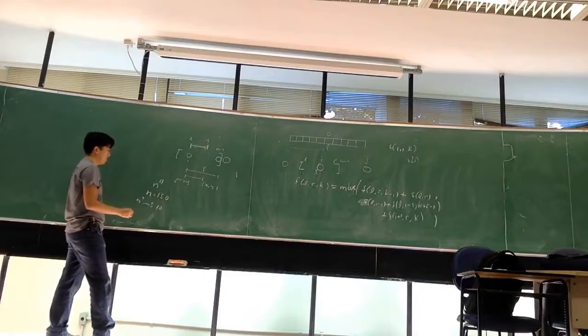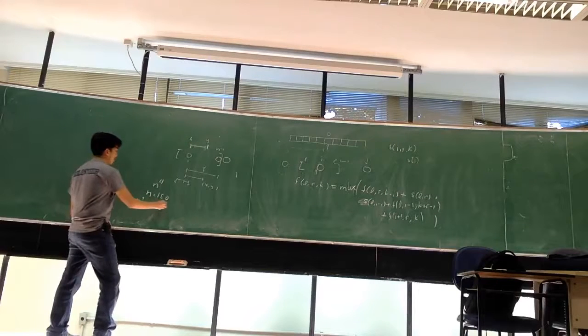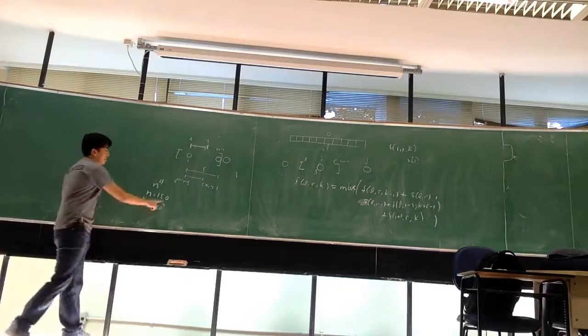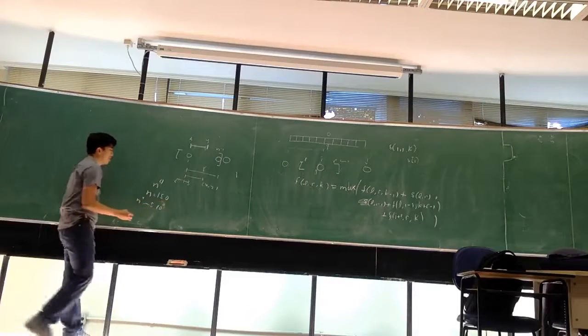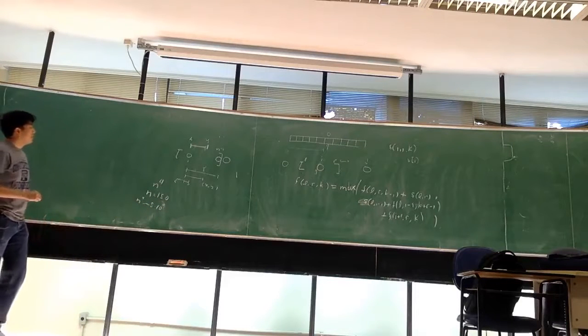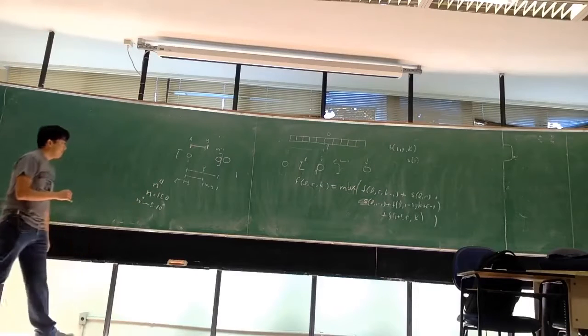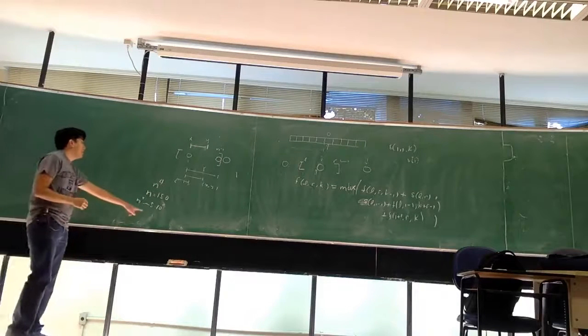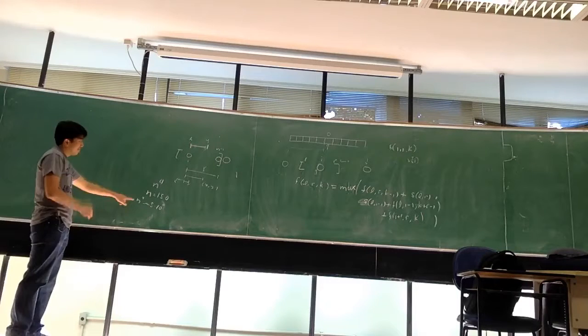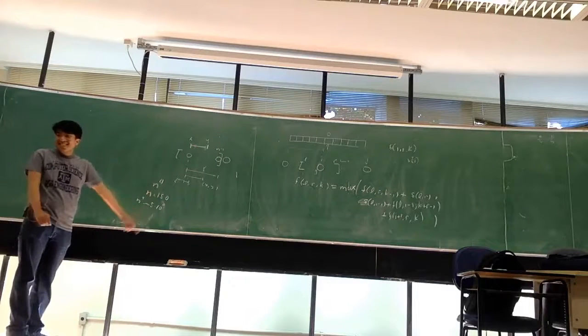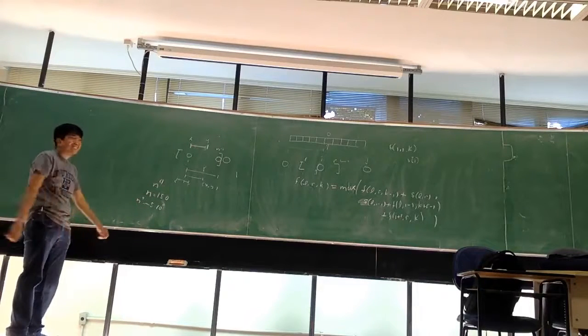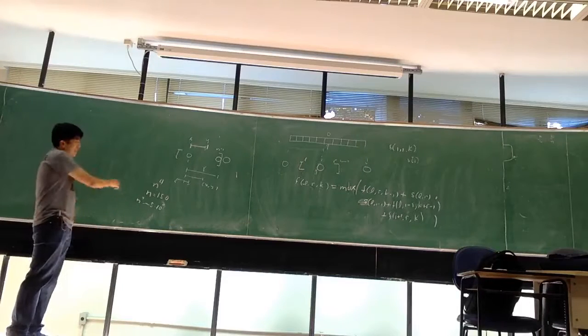Is it 9? I think that's it. I did the math. It wasn't bad. Yeah, it's the 8th power. So this is scary, but it's divided by 6. Yeah, divided by 6. This should be good, right?